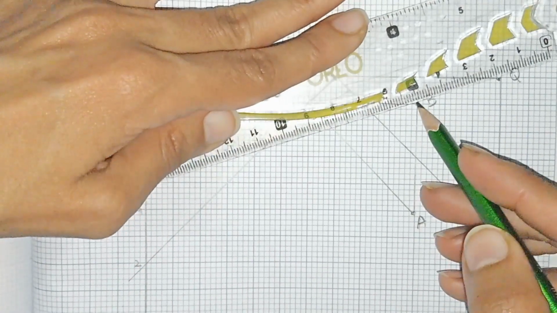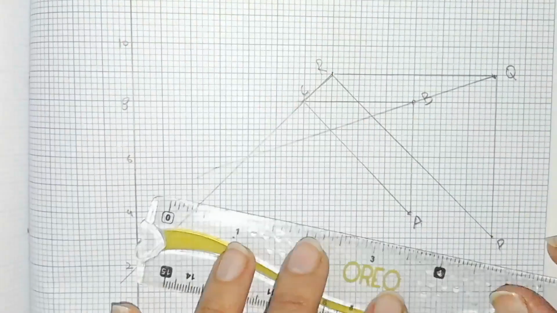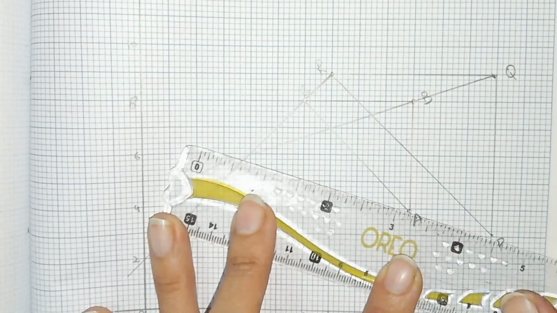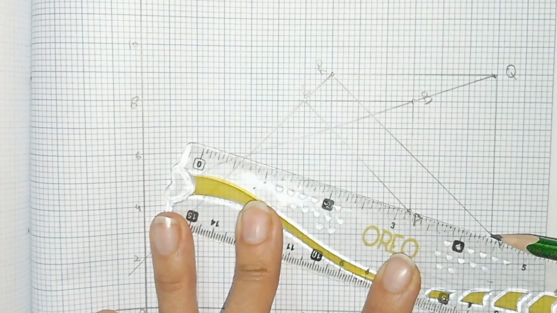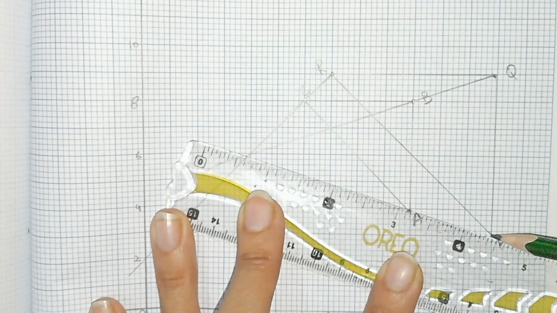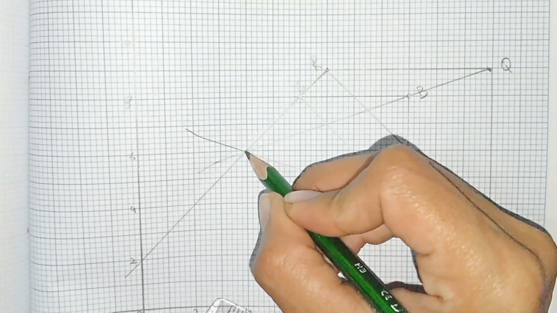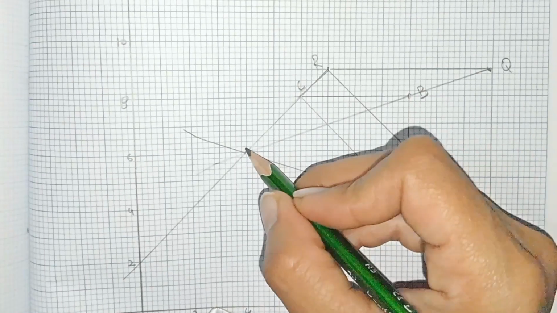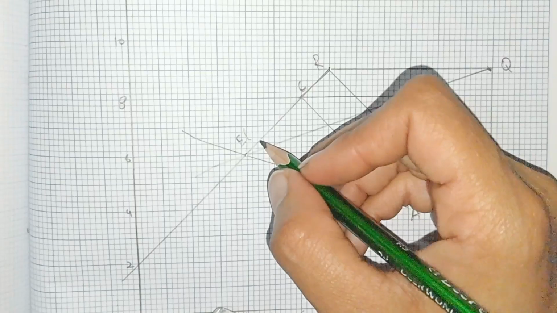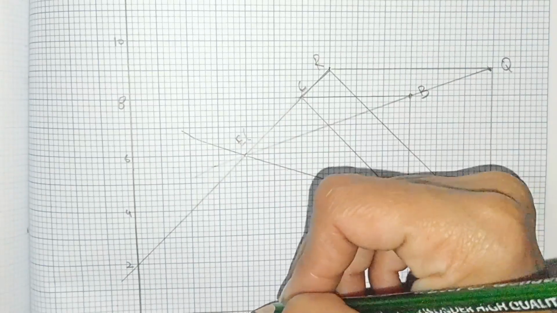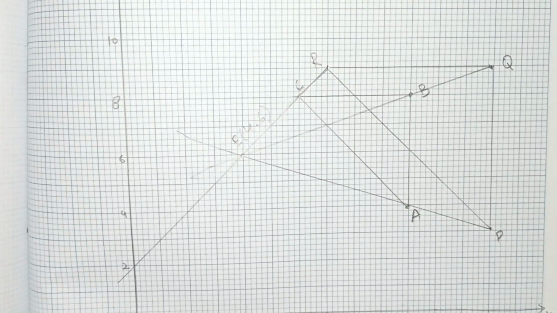By joining these points, we have to produce the lines, A and B. At that point is the center of enlargement, and this is 4 along the x-axis and along the y-axis this is 6.